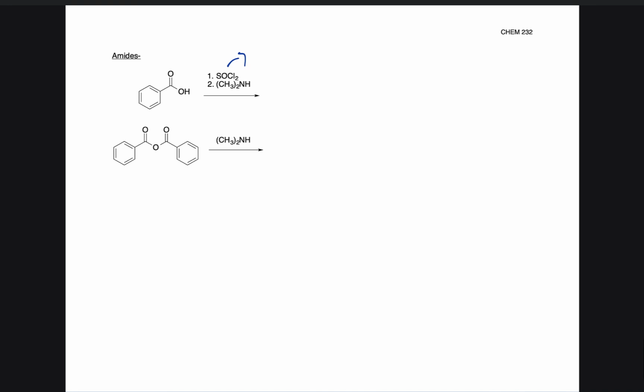And in this first step, essentially what's happening is we're making, with chemistry we've already discussed, the acyl chloride, or the acid chloride. So now we have a much better electrophile, because a carboxylic acid is a poor reactant, but an acyl chloride is much better. It has a much better leaving group present. So we're making the species more reactive.